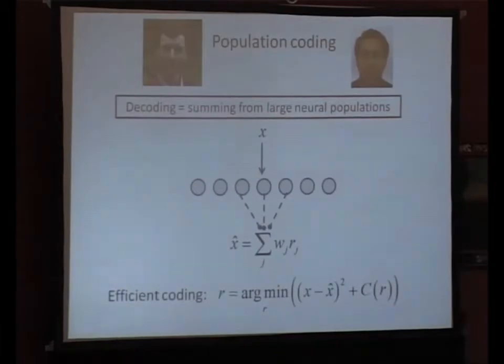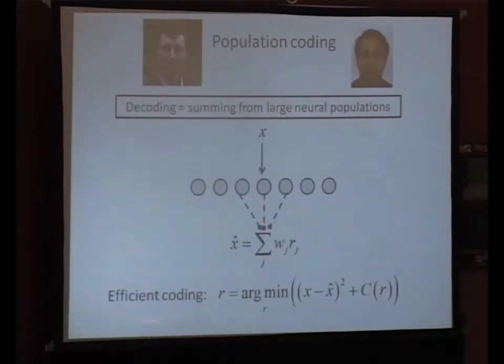We start from the population coding assumption, which is basically that in order to extract information, what the brain is doing is summing from large neural populations. There's a variable x that the neural population is representing. And we assume that an estimate of this variable, x hat, will be extracted by a simple linear sum of firing rates, which makes it particularly easy since all you have to do is sum activity, and some spikes, in order to decode the information.